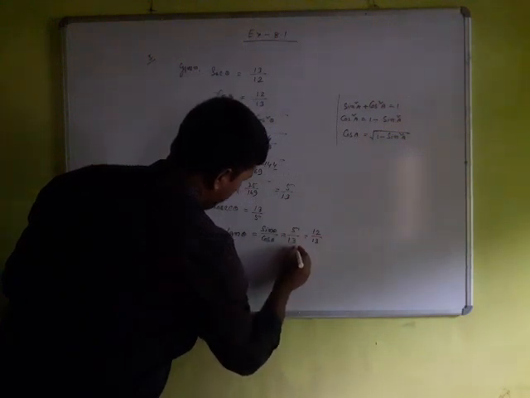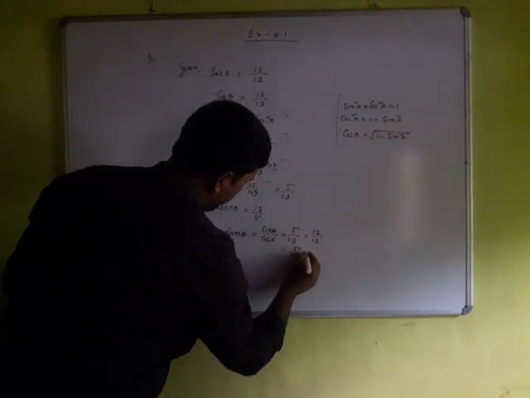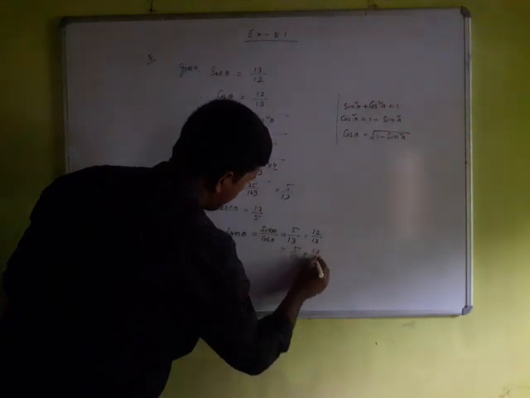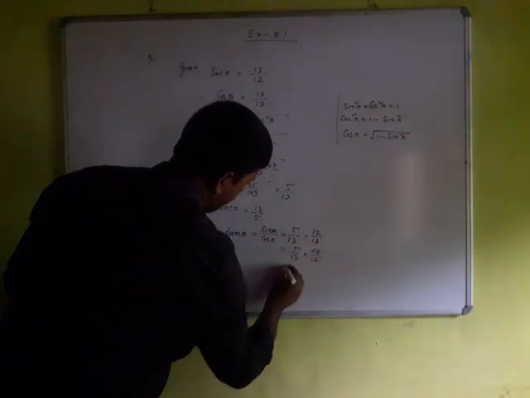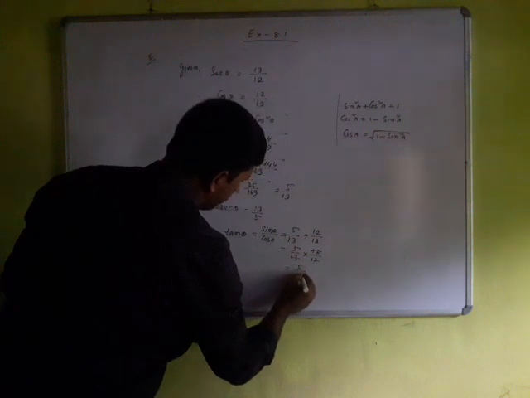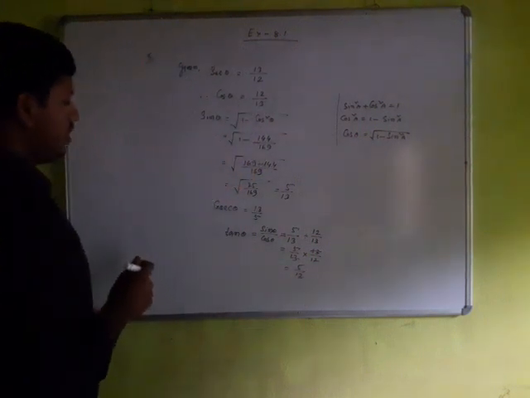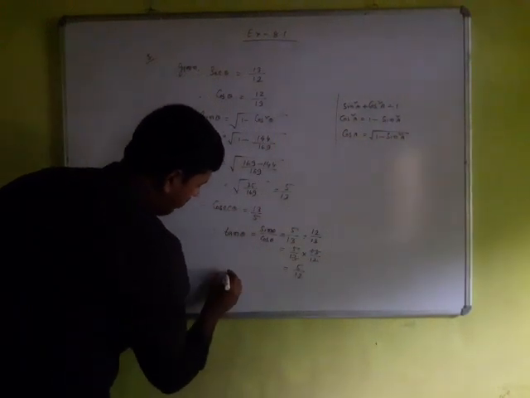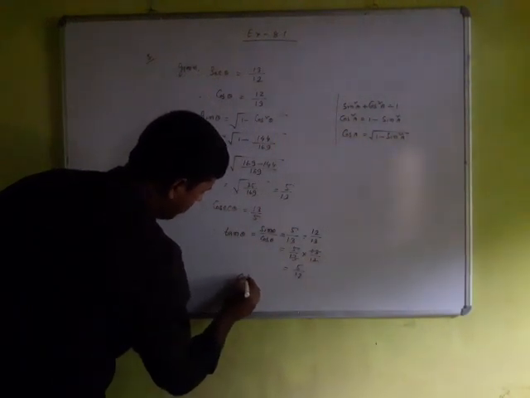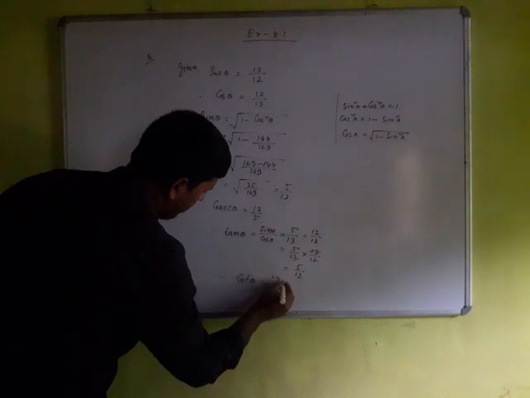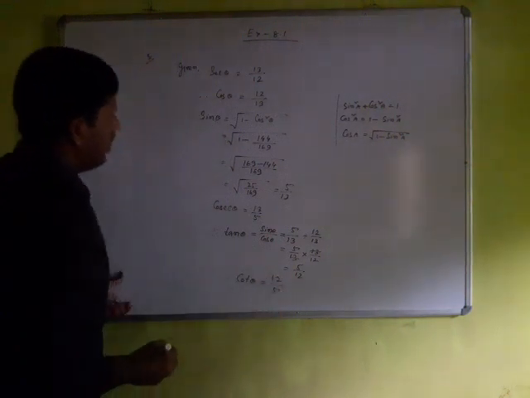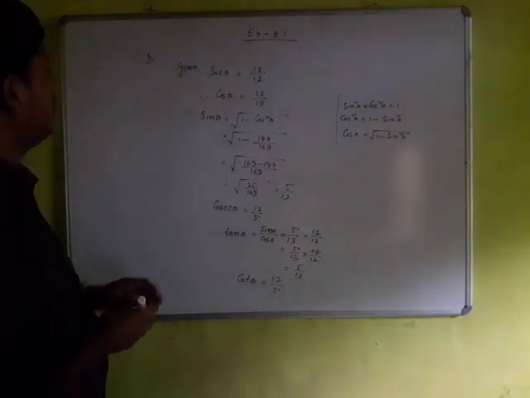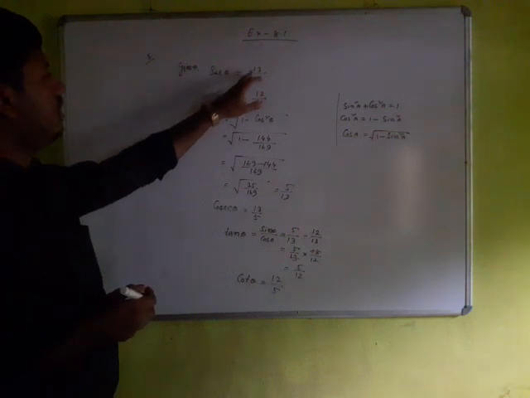So taking the reciprocal, 5 by 13 into 13 by 12 is equal to 5 by 12. So cot theta is also the reciprocal of tan theta. Now if tan theta equal to 5 by 12, therefore cot theta equal to 12 by 5. So we have got all the trigonometric ratios if sec theta equal to 13 by 12.